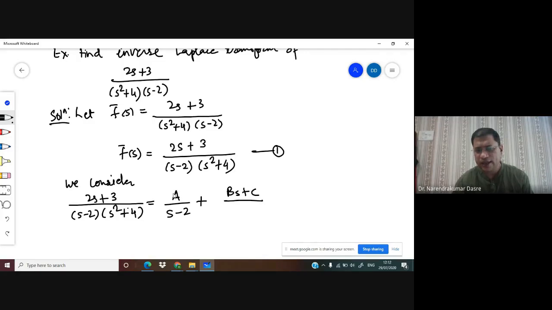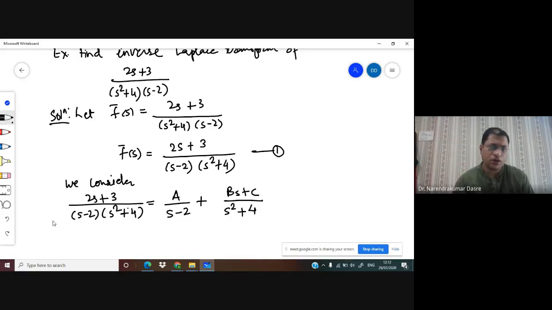As a I have already chosen, I should not repeat the same constant again. So the next constants I am having, and then this is a quadratic. So for the quadratic factor, you have to choose its general derivative as its numerator. So the general derivative of this will be bs plus c. Okay, and hence we got this.